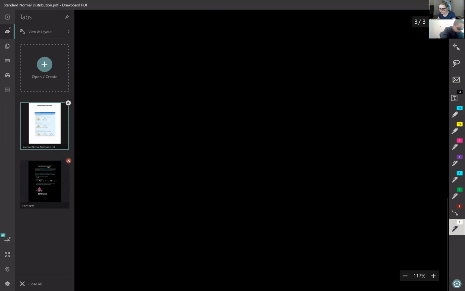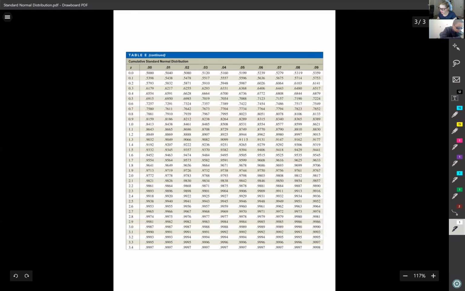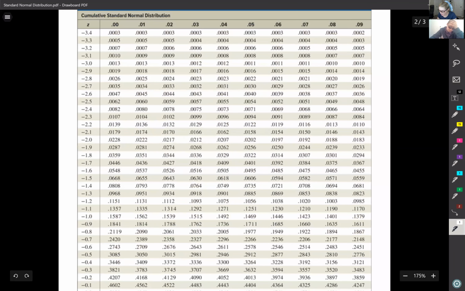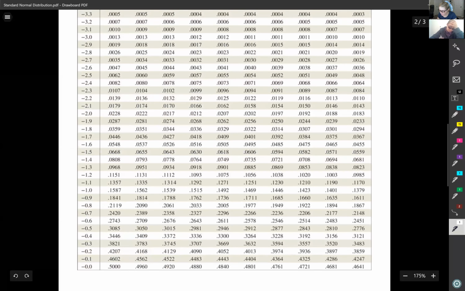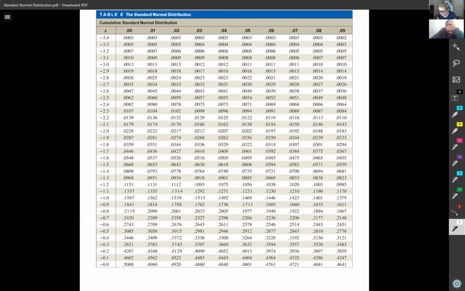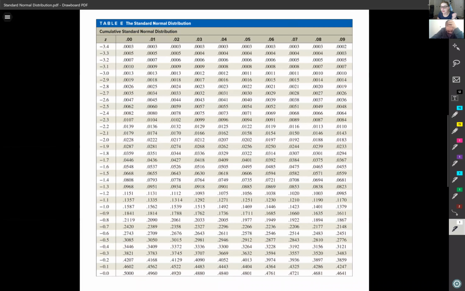I'm going to pull that up. Okay, let's do negative 0.5 first. Let me zoom in a little bit here. I'm going to go down my left-hand column and find negative 0.5, which is right here. Since I just have 0.5, for the top row I want 0, because there's no number after 0.5. We don't have something like 0.52.